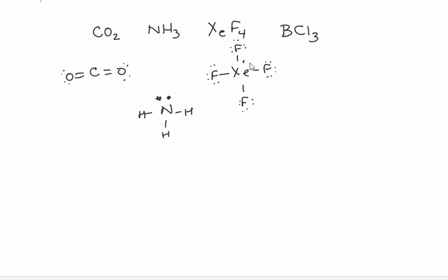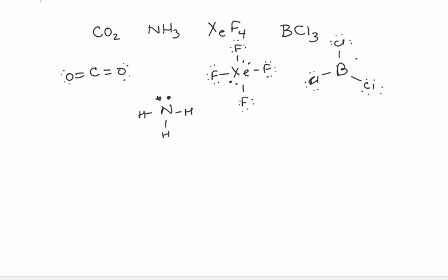So although this is a square planar molecular shape, it is an octahedral electron geometry. There we are. Now the boron trichloride. Boron is one of those atoms that doesn't want an octet. It's one of our exceptions. So this is a trigonal planar structure.